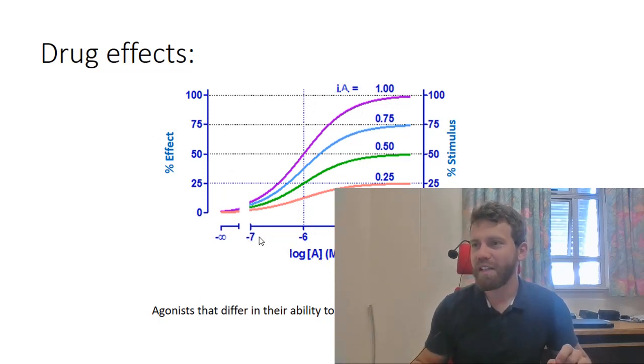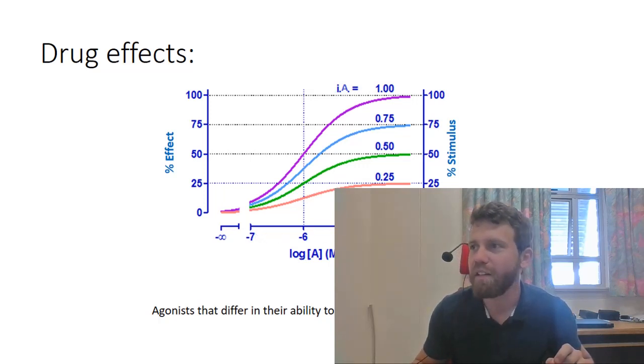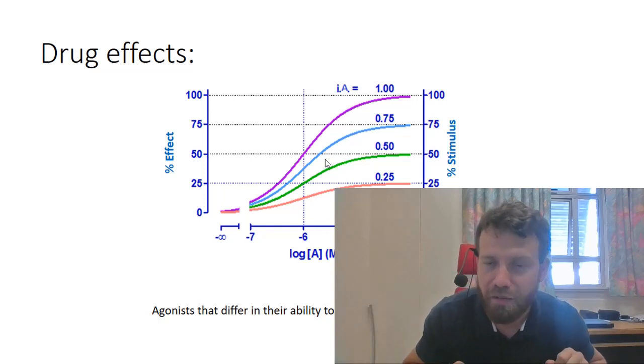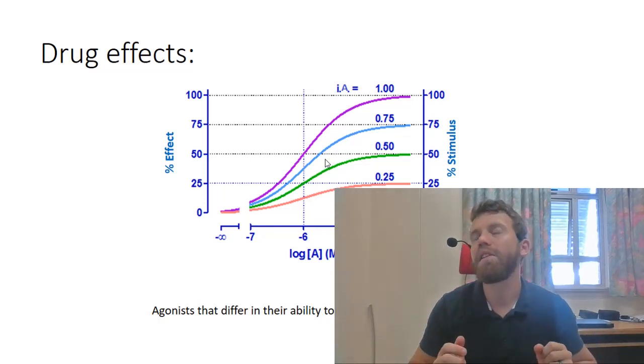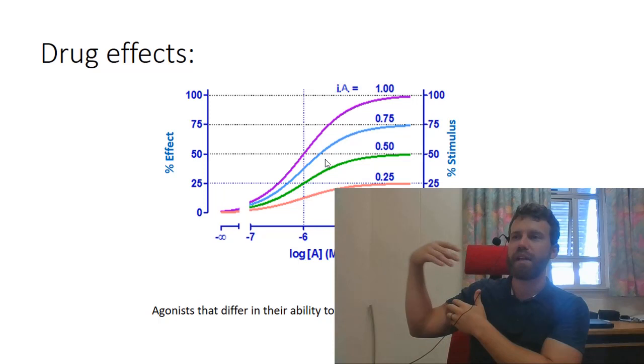This is the lowest concentration, and it is going higher and higher. At this higher concentration, the drug is giving you maximum effect, while drug B, the blue one here, is giving you less effect. We are basically measuring the amount of effect the drug is giving you. For example, if I give you a muscle relaxant, it could be the amount that your muscle is relaxing.